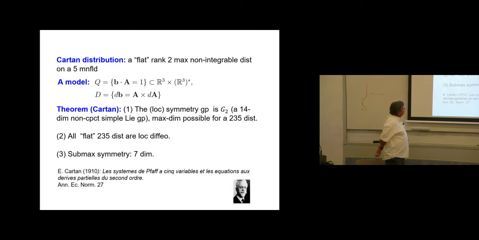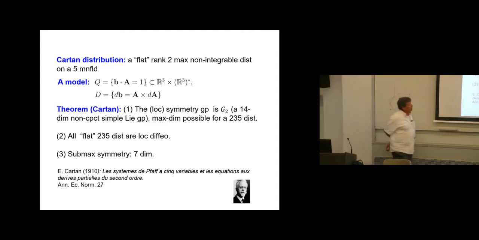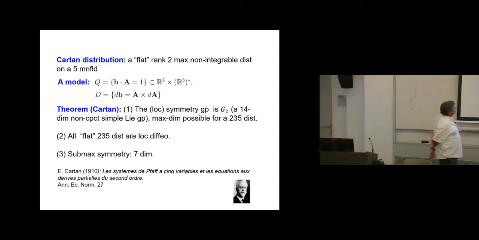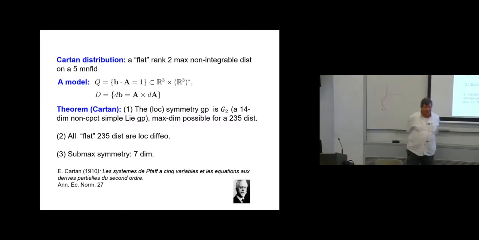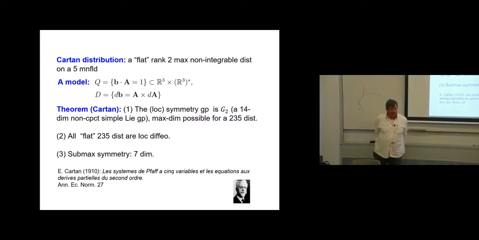I define a distribution by the zeros of this equation between one-forms. It's a pretty easy exercise to see this defines a rank 2 distribution. A bit less easy, but not so difficult, to show that this is 2, 3, 5. If you take brackets, it goes up to 5 as fast as possible. Much more difficult is to show what is the symmetry group of this one.